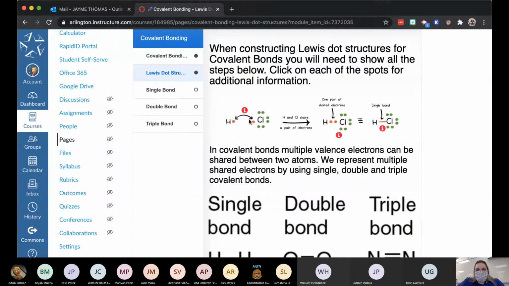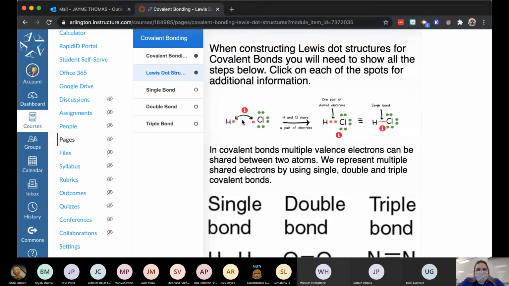In the ionic bonds we did last week, the arrow only had 1 head. It pointed from the metal to the nonmetal because it was showing that transfer. But here, the arrow is 2-headed, or you can draw it with no heads. You can just draw a line because that's showing me that they're sharing. There's not a transfer from one direction to another. It's just they're joining and sharing together.